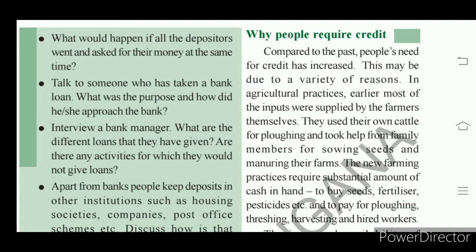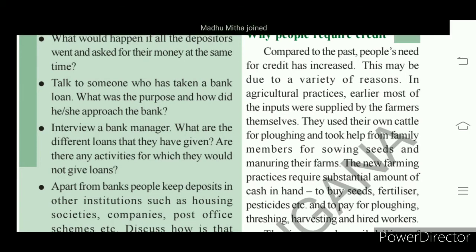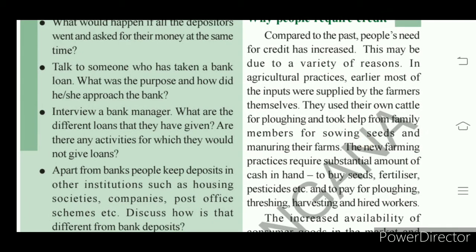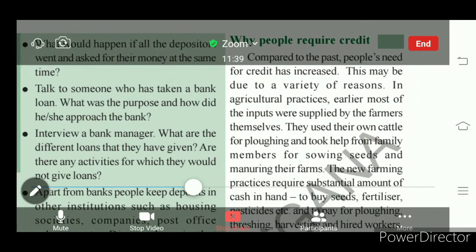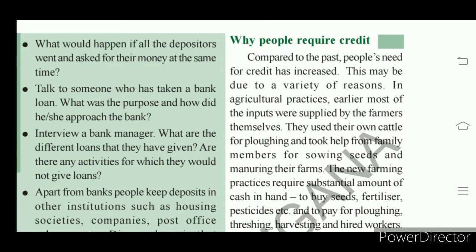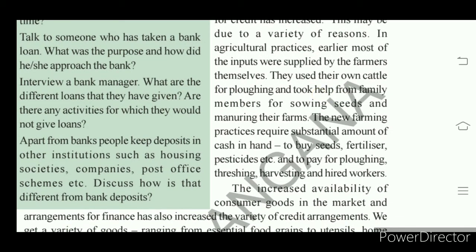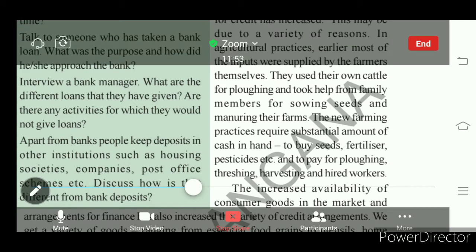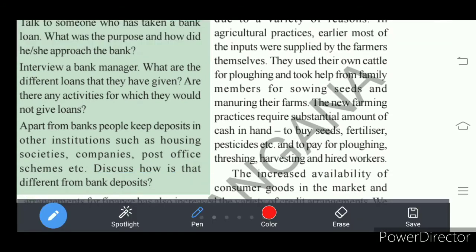Going from the past to today, we find there is a lot of increase in credit in the financial system. There are a variety of reasons for people taking credit, in the sense of a loan from the bank. People may take credit for different economic activities, right? So people need credit for various purposes.